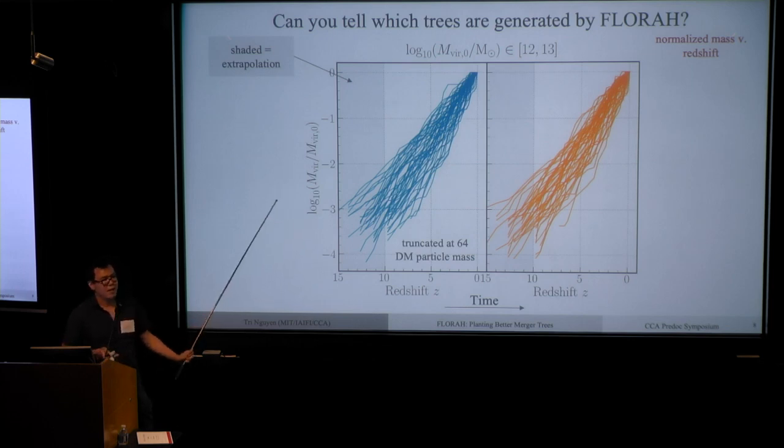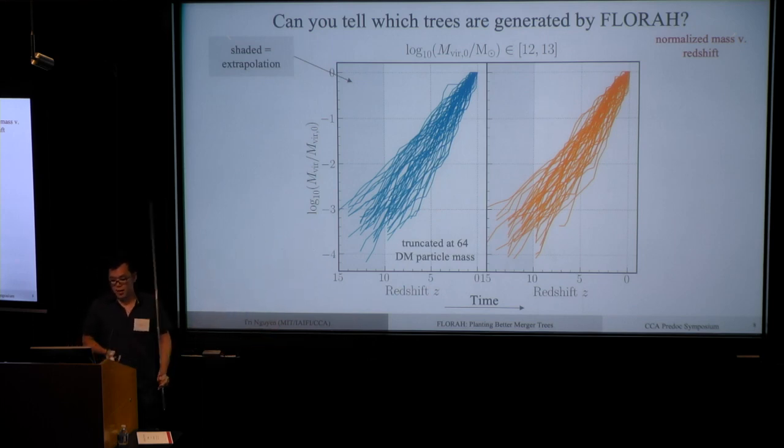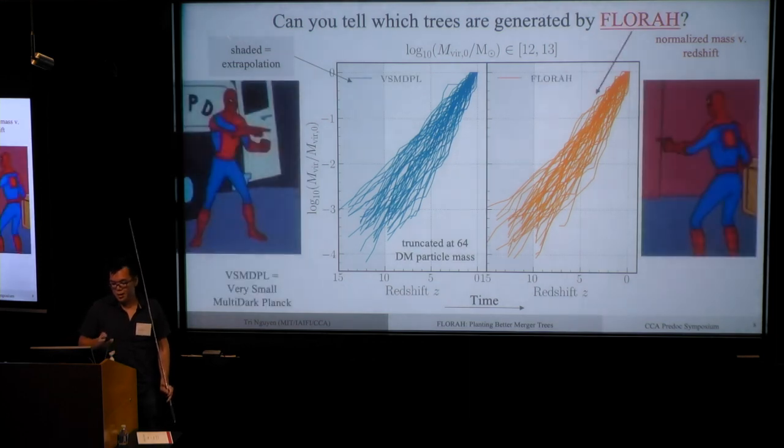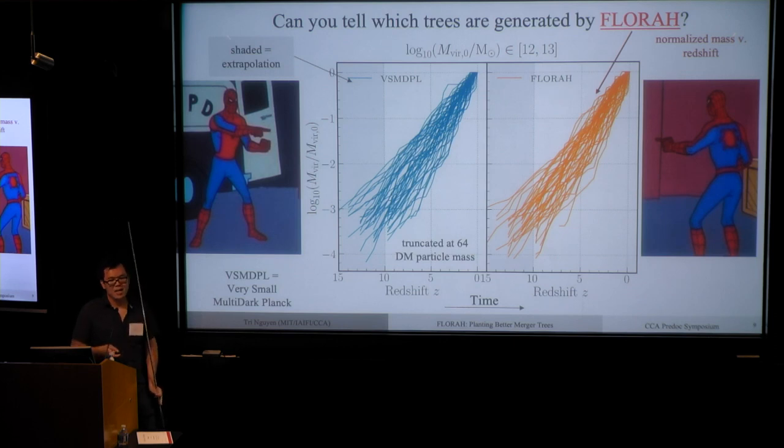But the network, if it's robust enough, should be able to extrapolate to this region. All right, if you haven't figured out already, the right one is generated by FLORA, but the idea here is that it's extremely difficult to distinguish them. As a matter of fact, it's pretty much impossible to tell them by eye. The simulation we use is the very small MultiDark Planck simulations.